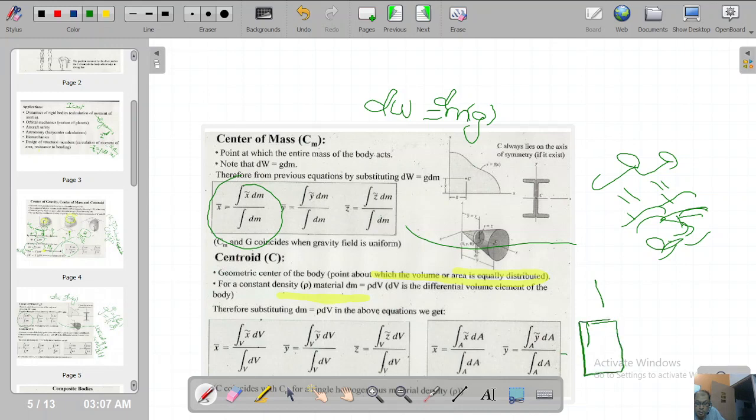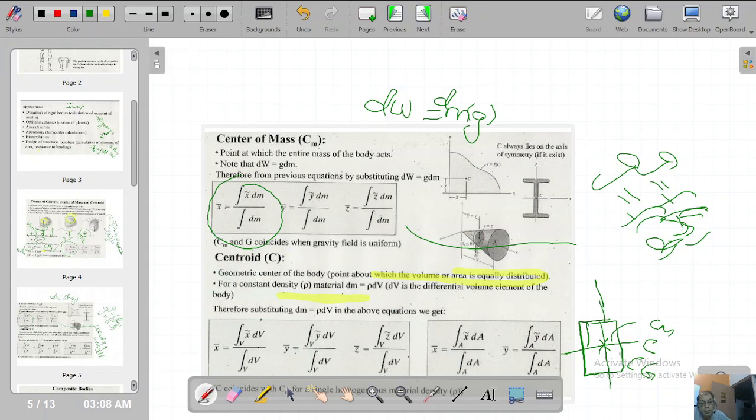If this body is made up of one simple material, say aluminium, its center of mass and its centroid will always coincide, not center of gravity but center of mass and centroid. And if it is of a geometrical shape and the same material, its center of gravity will also coincide.